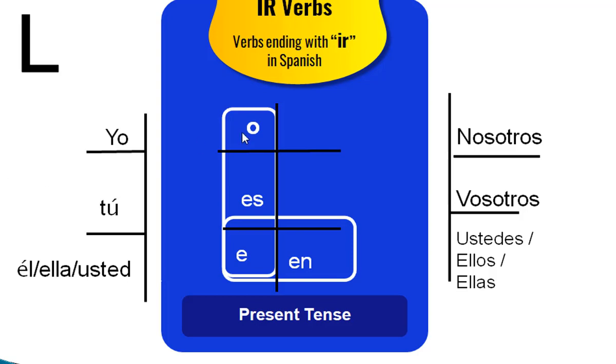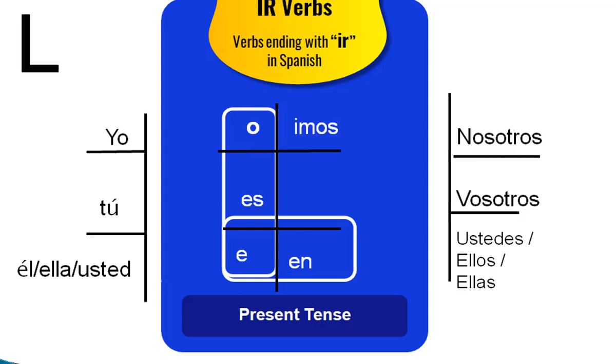So that is the meaning of L over here. The L placeholders follow the same endings as ER verbs. Alright, the nosotros form is imos.